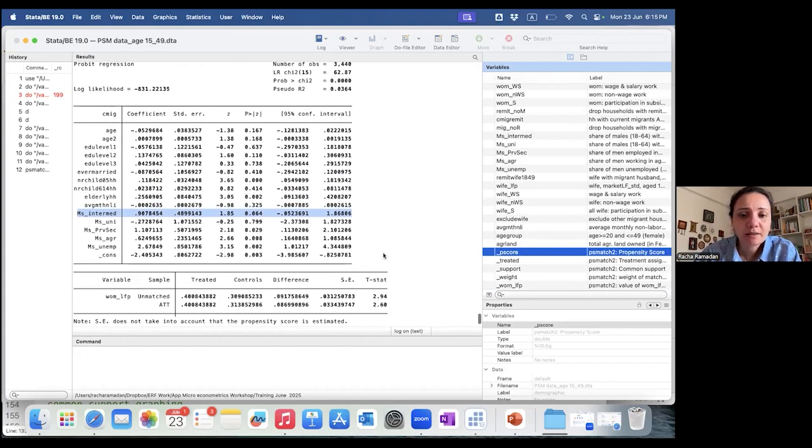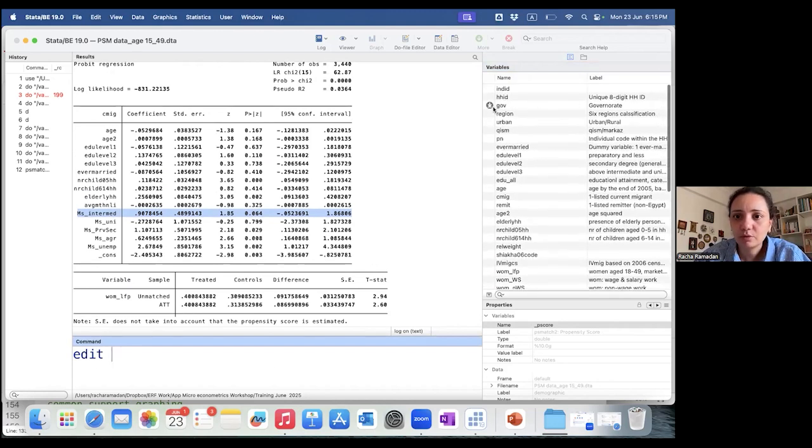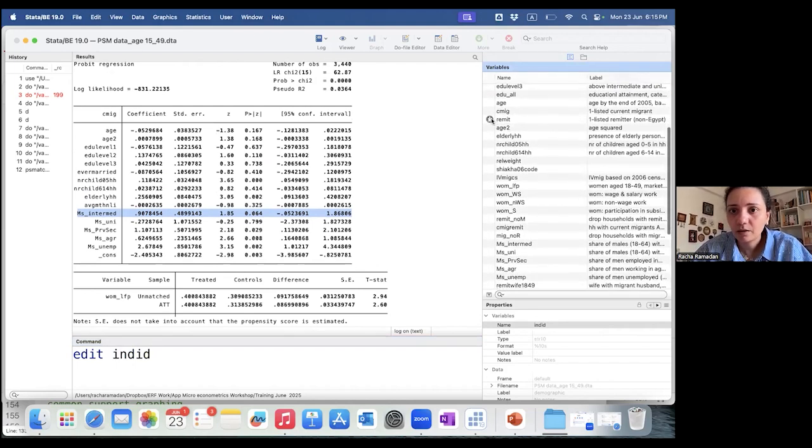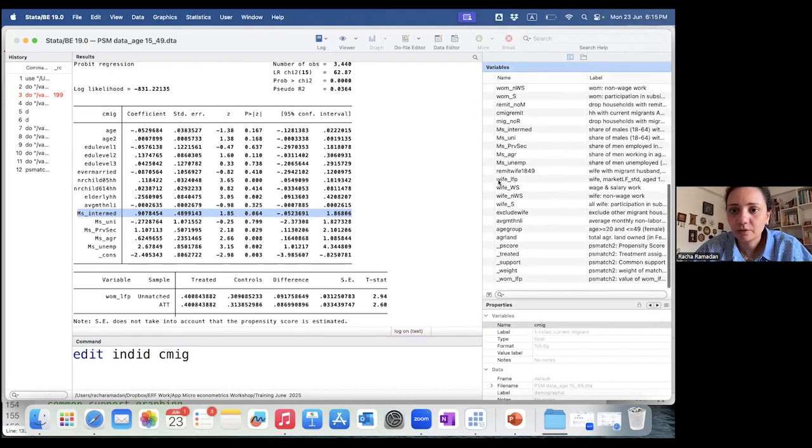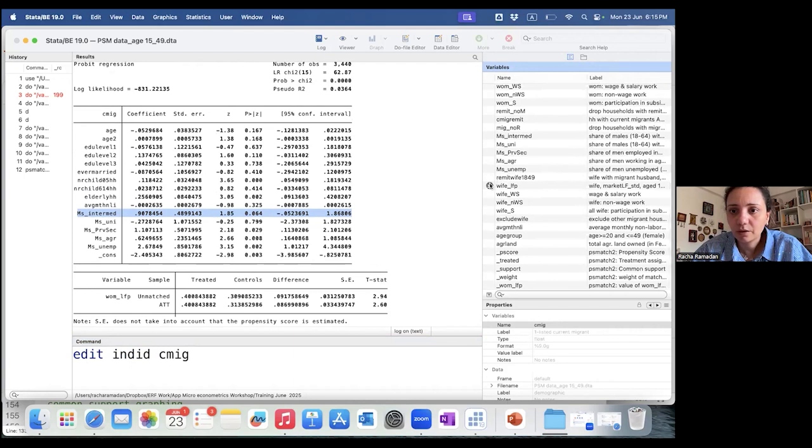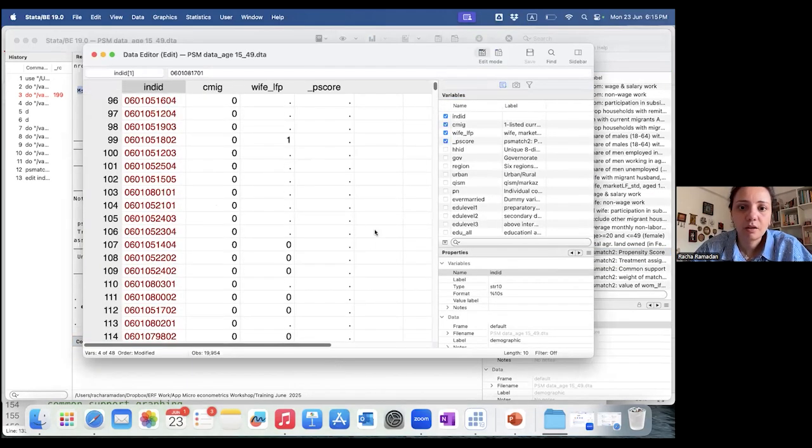Okay, let me show it to you. Migrant, labor force participation and P-score. Okay, we had a lot of missing.